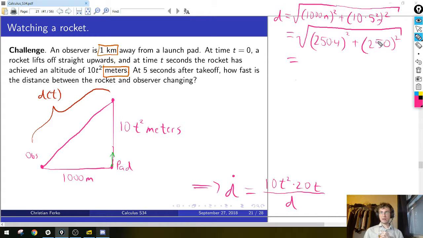So by algebra, you can factor out the 250 squared and then move it outside of the square root. So it's no longer a 250 squared, it's just a 250. What's left under the square root is 4 squared plus 1 squared, which is 250 square root of 17.